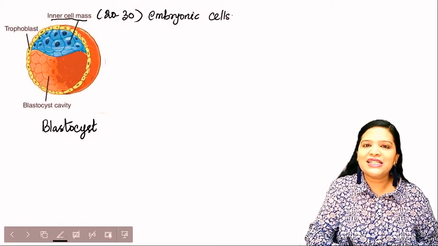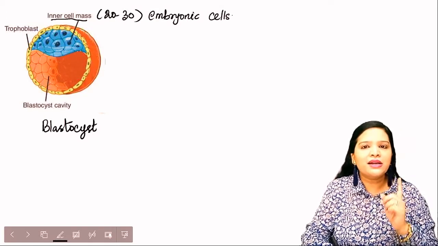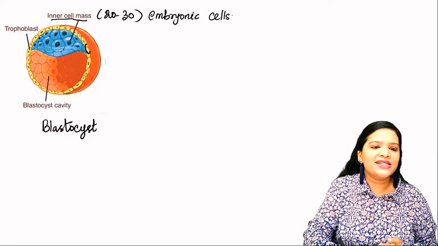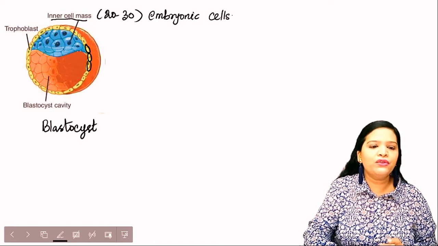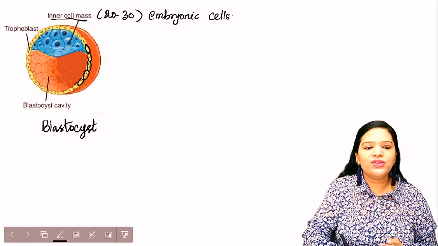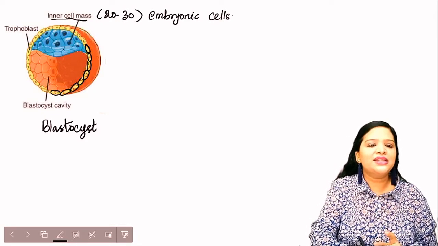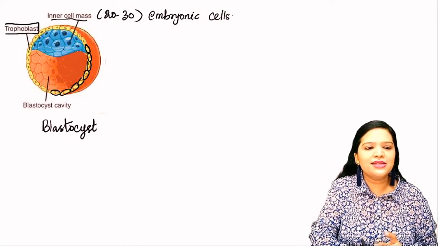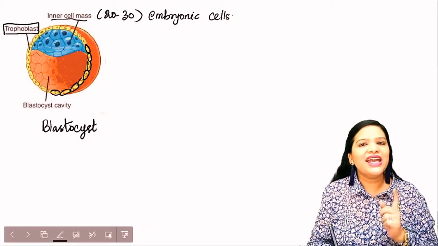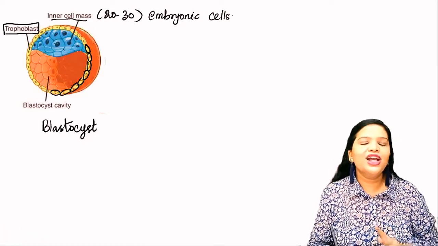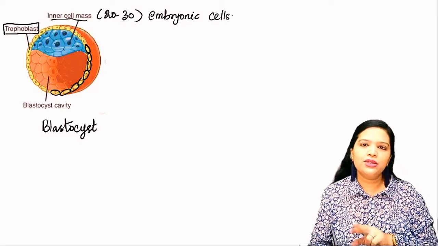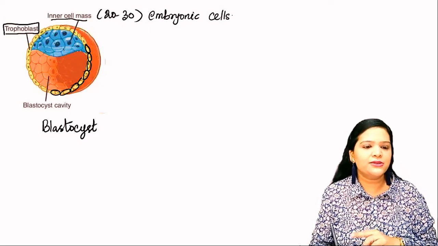This blue color is the inner cell mass. Surrounding the inner cell mass, there is a single layer of flat cells. You can see this yellow color structure in this picture. This single layer of flat cells is called trophoblast cells. Trophoblast cells are the external layer of cells. These are the two basic structures present in the blastocyst.